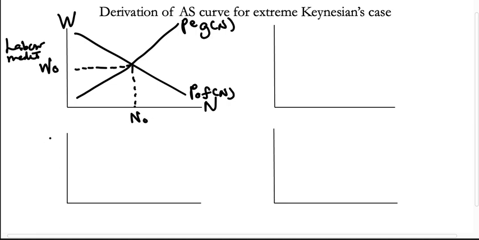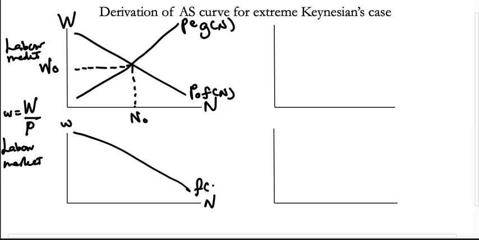Okay, now we move to the second graph. This is still the labor market, but this time we use real wage. So recall back, real wage is equivalent to capital W, which is nominal wage, divided by actual price. Now here, we have labor demand using real wage, which is this, and then we have labor supply using real wage, which is this.